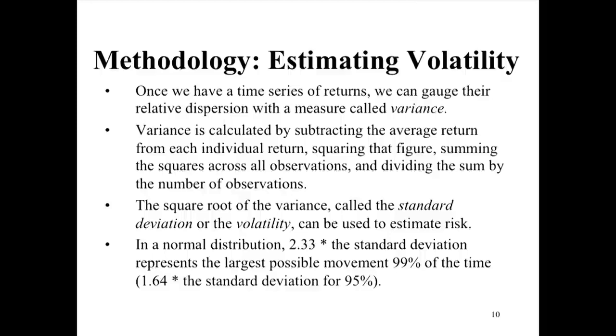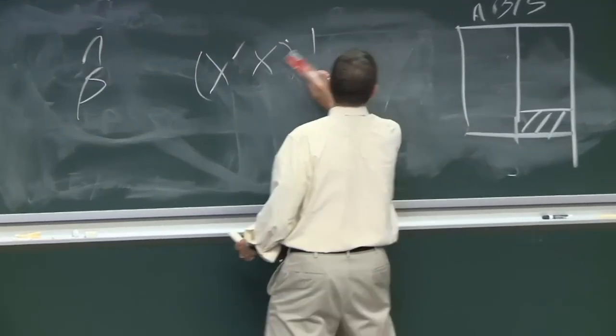All right, so once I have my time series of returns, which I just plotted there, I can gauge their dispersion with this measure called variance. And you guys probably know this.